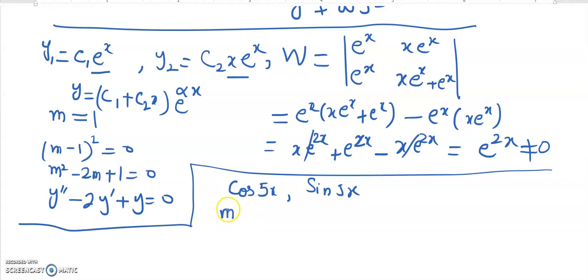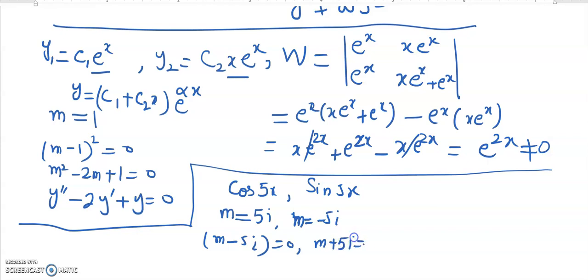Sometimes you can use m, you can either use lambda as well. So m is equal to 5i, or m is equal to minus 5i. So m minus 5i is equal to 0, or m plus 5i is equal to 0.